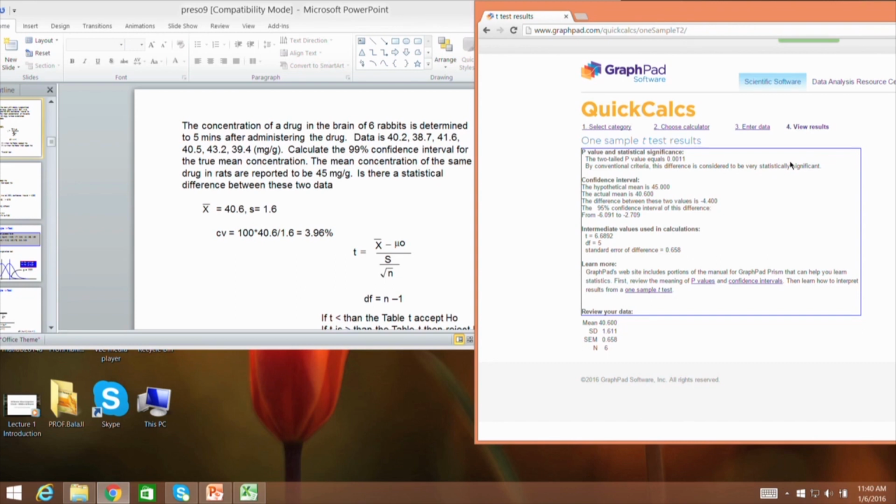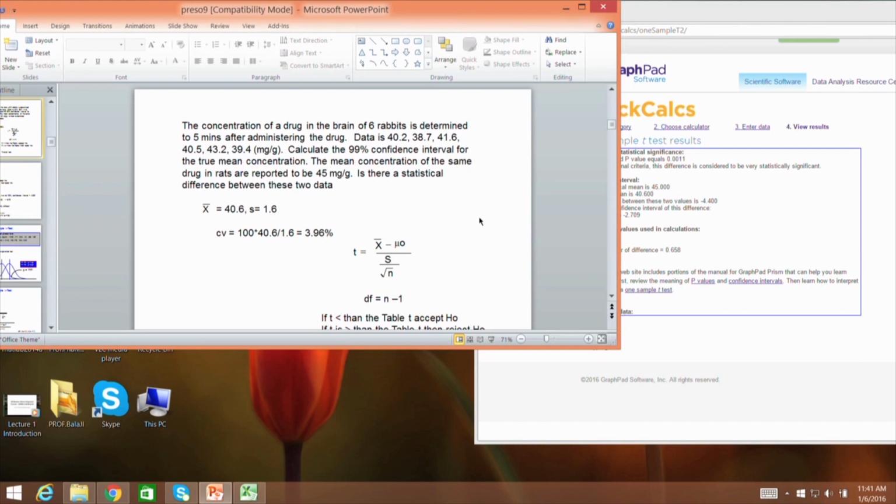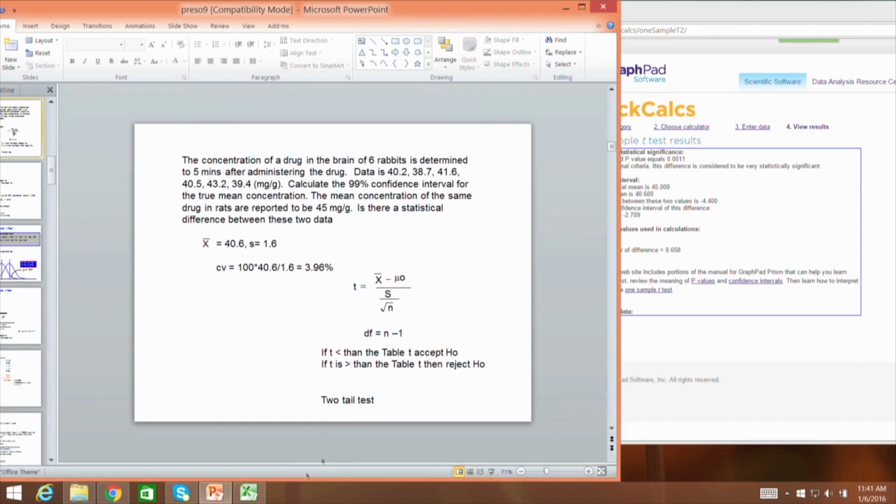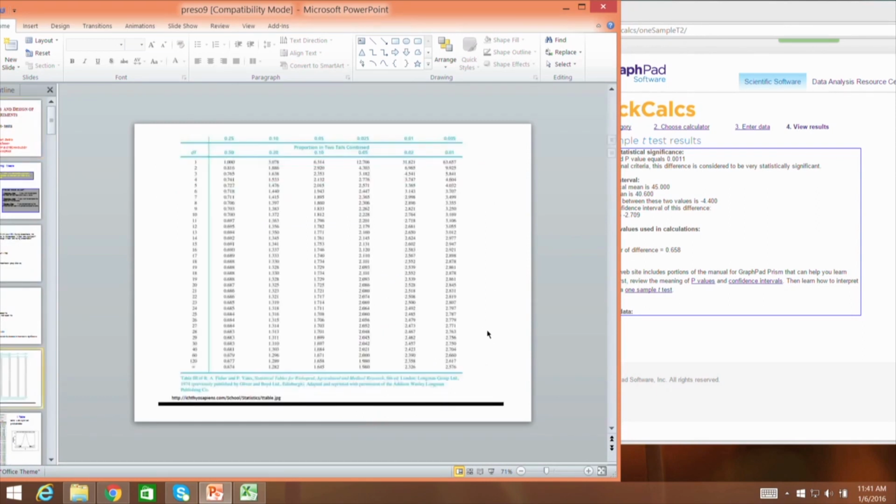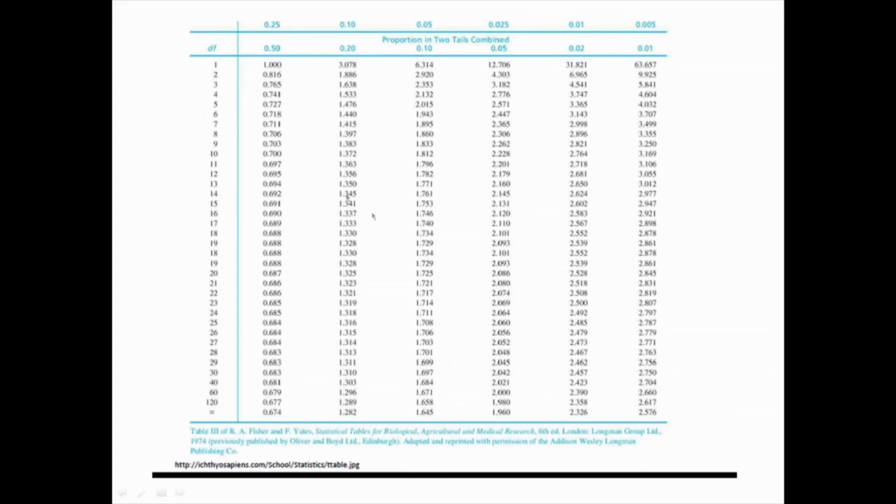Even at 95% confidence interval it will come out to be statistically significant, because if you look at the table here, for 5 degrees of freedom, for 99% confidence interval it is 4.032, for 95% confidence interval it is 2.571.